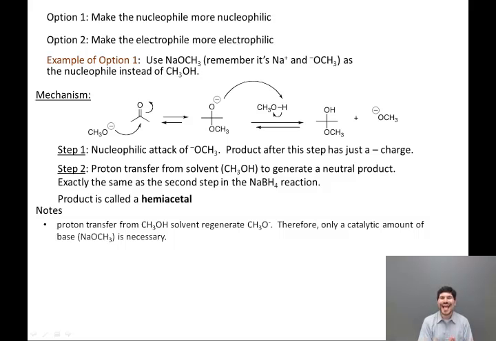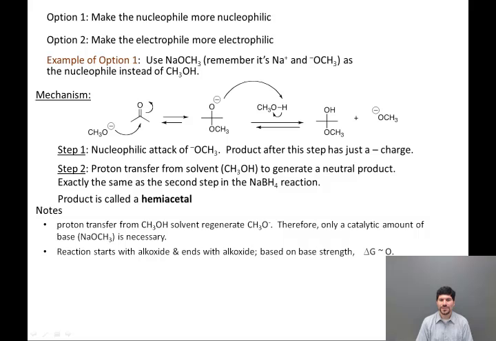Therefore, only a catalytic amount of the base is necessary. If you had only 0.1 moles of OCH3- for a full mole of ketone, assuming you have plenty of methanol as solvent, which is always true, the reaction will go because the OCH3- continues to get generated at the end of the mechanism.